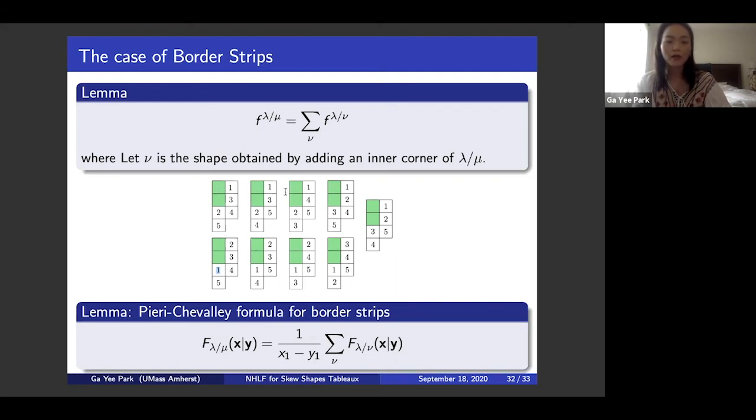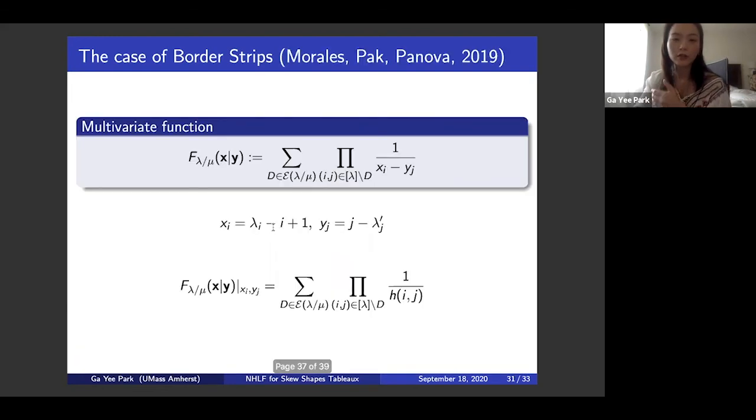So all standard Young tableaux of skew shape can be defined like this, and there's a recurrence formula that is written here. And now they define the recurrence property for the formula, so then they have to make sure that the recurrence property also works for this equation.